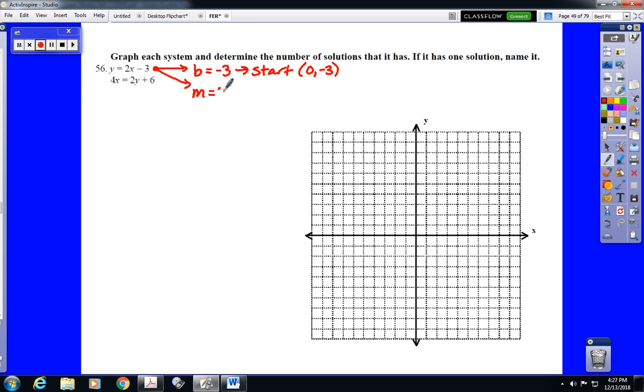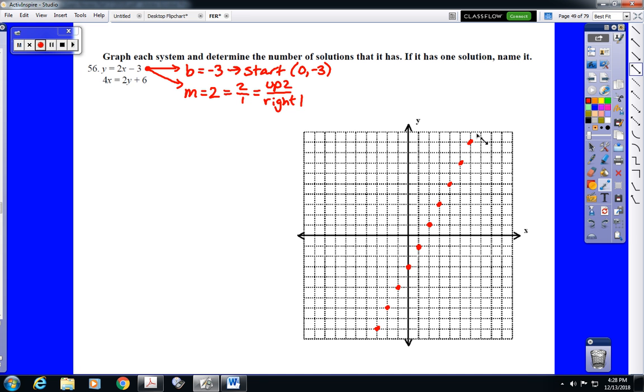And the slope is 2, or 2 over 1, which tells us to go up 2 and right 1. So we're going to start at negative 3, up 2, right 1. We could also do down 2 and left 1. So our first line, which is graphed in red, would pass through those points.